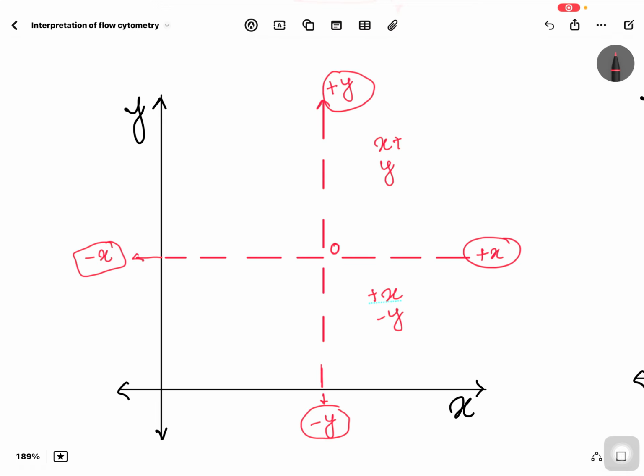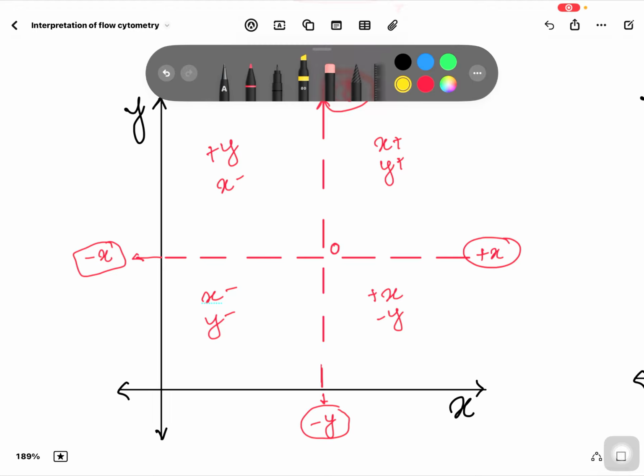X positive, y positive. What comes in this quadrant? Y is positive, x is negative. What comes in this quadrant? X is negative, y is also negative. So what did you understand from this?